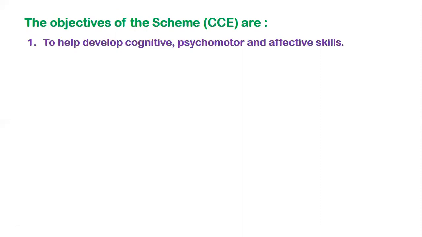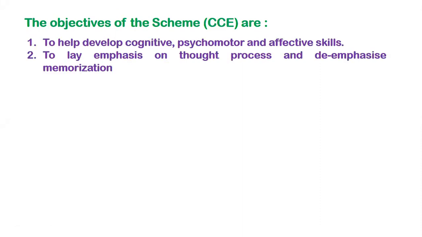It also helps to lay the emphasis on the thought process and de-emphasizes memorization. See, it's not only teaching the stuff, memorizing and writing. It also stimulates the thought process of the child. As I said, Bloom's taxonomy. So all six levels have to be undertaken so that the child develops personality.